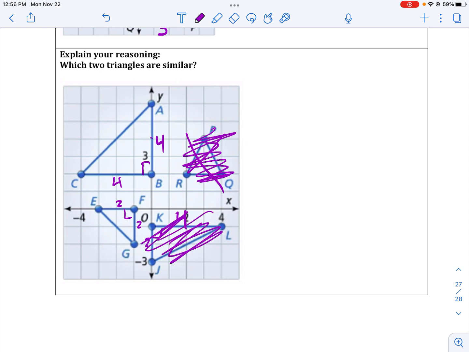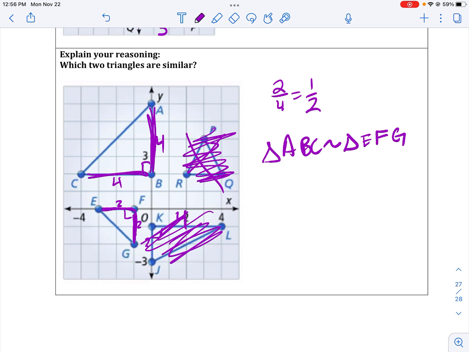So if ABC is our original, EFG is going to be our image. 2 over 4 reduces to 1/2. And you can see, since both of these side lengths are the same length and both of these side lengths are the same length, that shows you that triangle ABC is similar to triangle EFG.